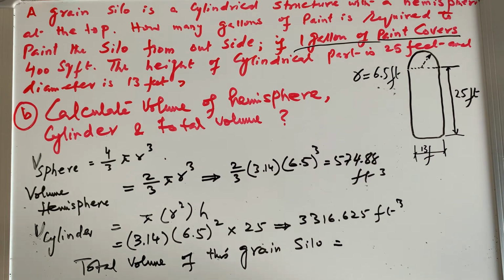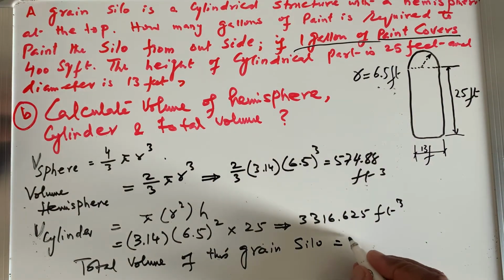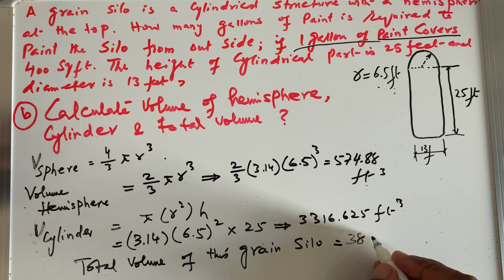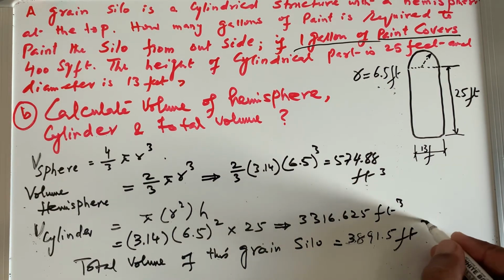Let me do it for you. 3316.625 plus 574.88 gives 3891.5. This is what we have in total volume, in feet cube.